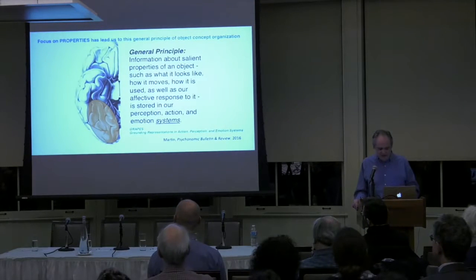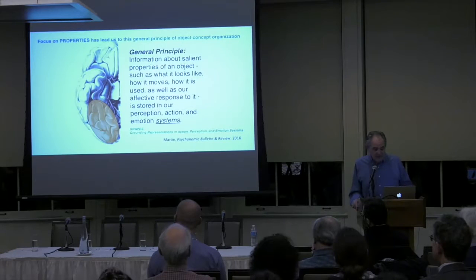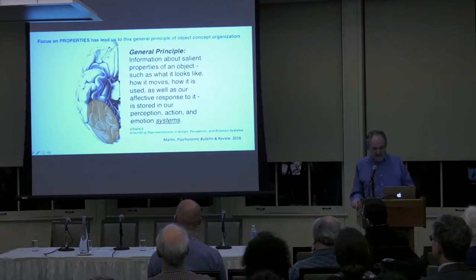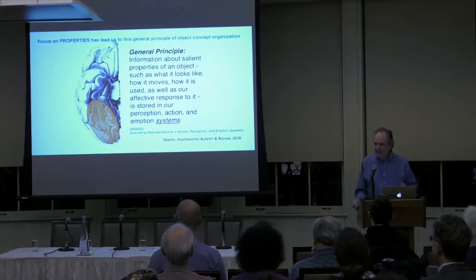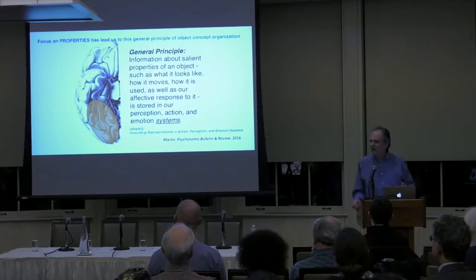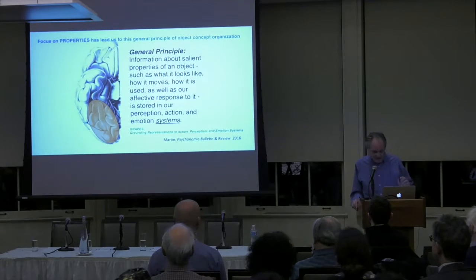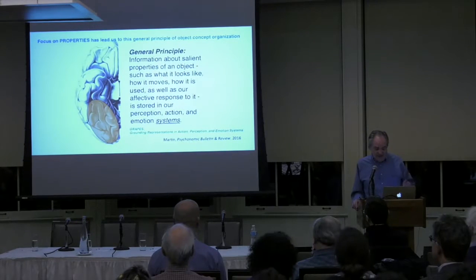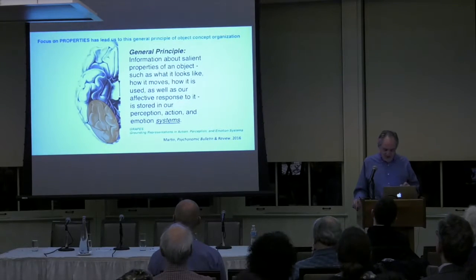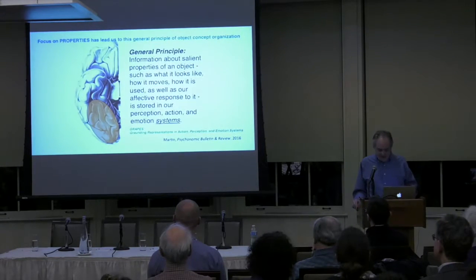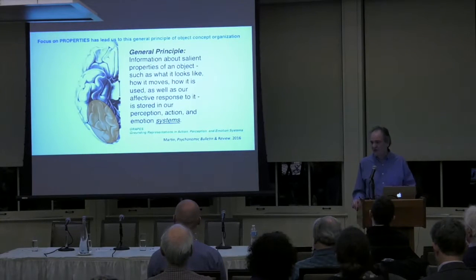And it's led to this general principle, which I'll read for you right now: the information about the salient, the most prototypical properties of the objects that we confront in the world, such as what they look like, how they move, and how we use them, as well as our affective responses to them, are stored in our perception, action, and emotion systems.